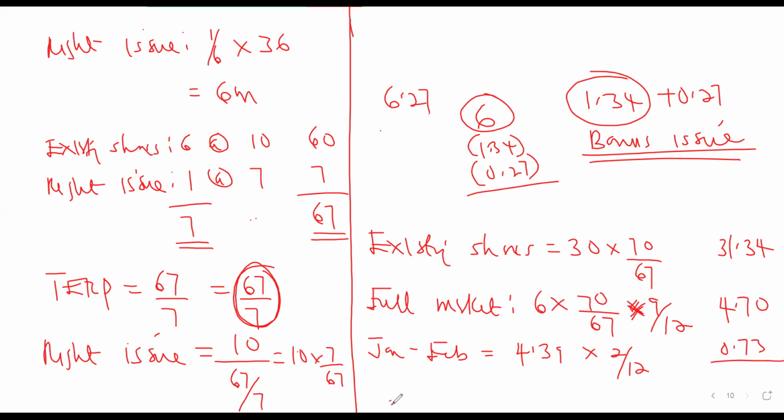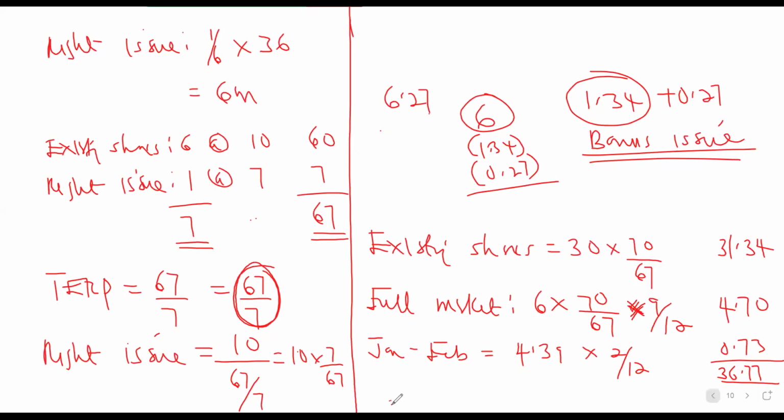What are you getting as a WACC? I'm having 36.77. Is that correct? Can someone confirm that so that we move on?